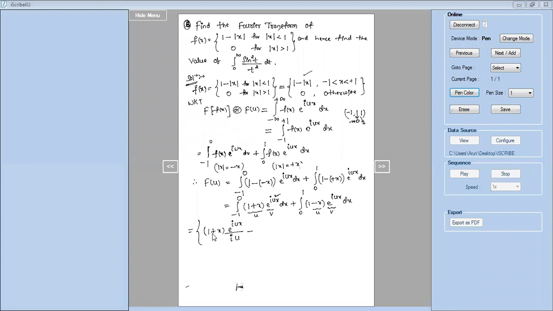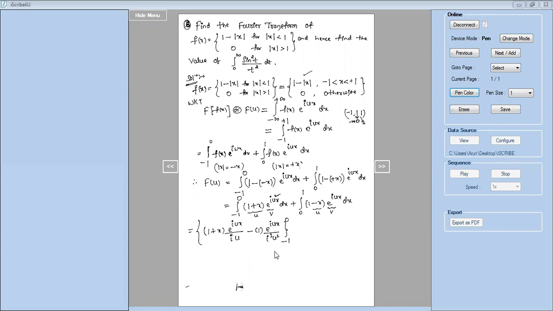Differentiation of 1 plus x, 1 is 0, x is 1. So it becomes 1 into integration of e power iux, which is e power iux by i square u square. So this is by using Bernoulli's rule between the limits minus 1 to 0.